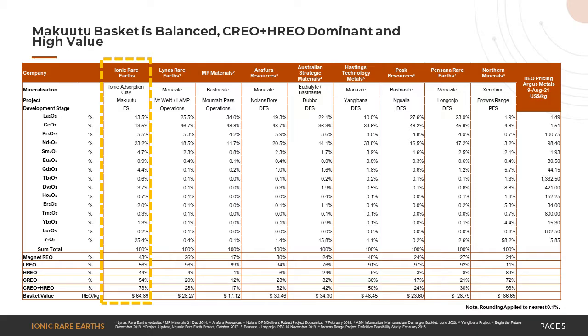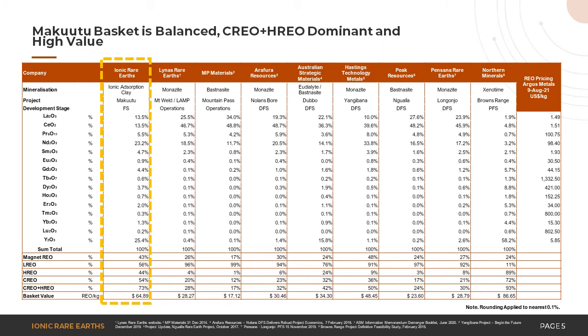Yes, so typically hard rock rare earth deposits have much higher head grades, but are typically dominated by the presence of very low value rare earth elements, lanthanum and cerium. And so they typically have a higher head grade, which is effectively consumed by those low value impurity rare earths.